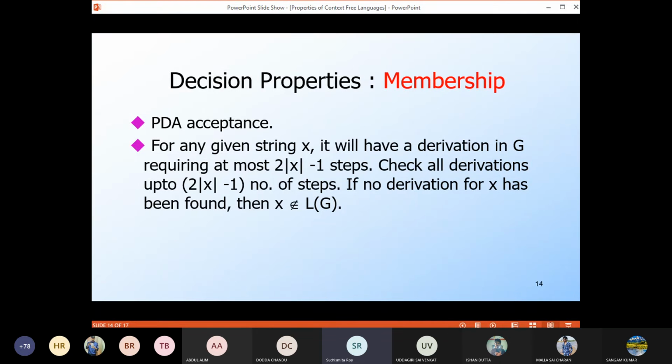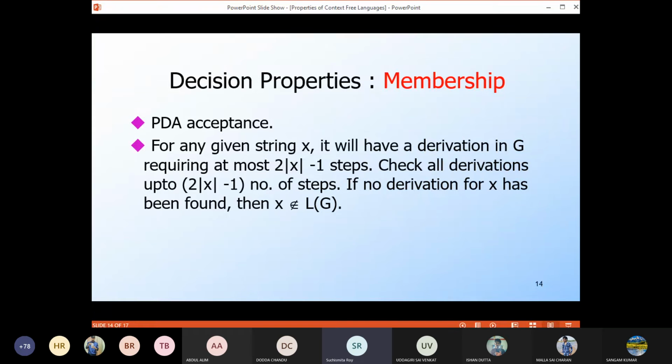There has to be a finite set of actions you can take to produce a definite yes/no answer, with no undecidability here. The first property is whether or not a particular string belongs to a given context-free language. That is the membership question.